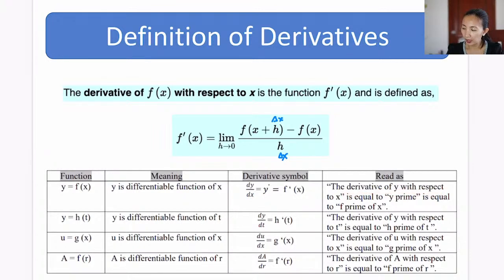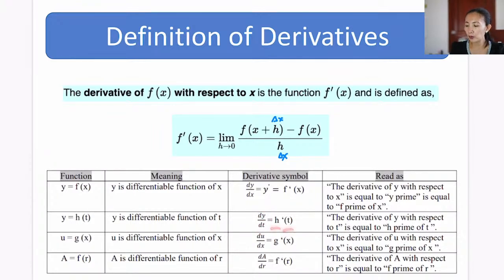Ito yon. How do we read this? Derivative of y with respect to x. Or how about this? How do we read this? Y prime, and this is f prime of x. If we have a function y equal to h of t, where y is a differentiable function of t, then dy over dt is the derivative of y with respect to the variable t, or h prime of t.